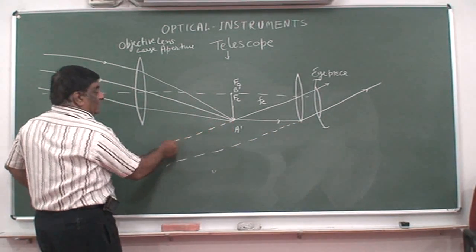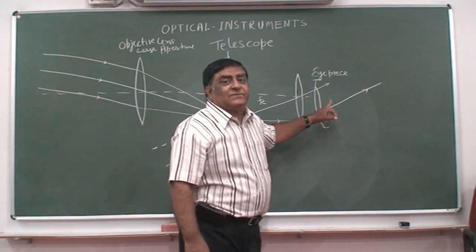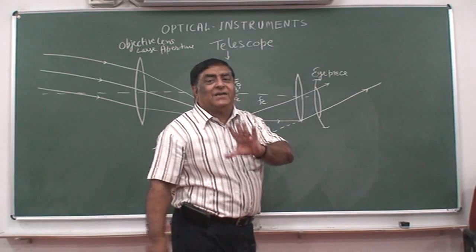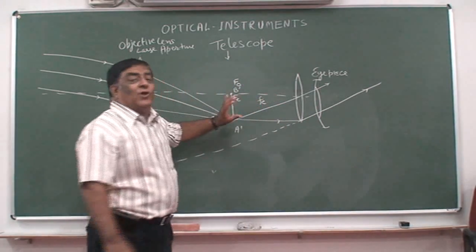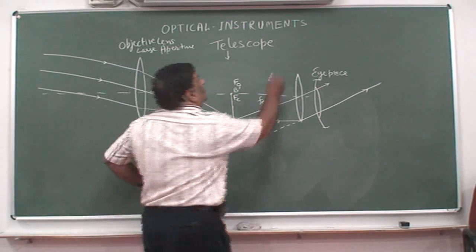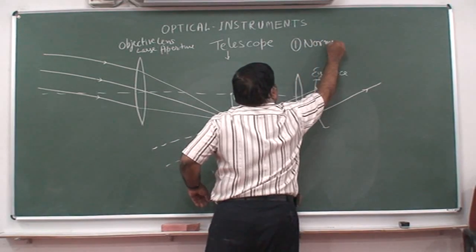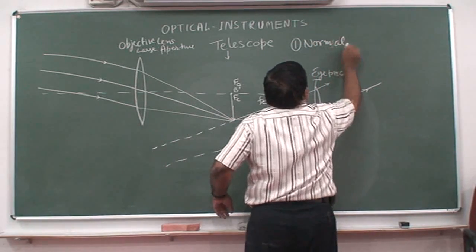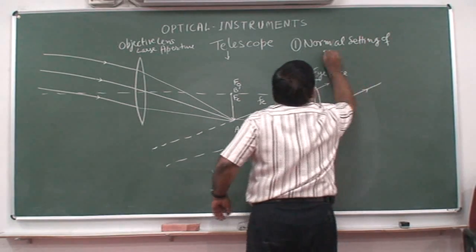These rays are coming parallel, and for parallel rays, what happens to the eyes? The eyes are relaxed. So this is the normal condition of the telescope. This is the first, normal setting of the telescope.